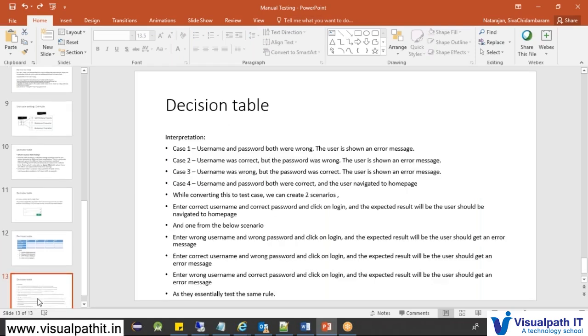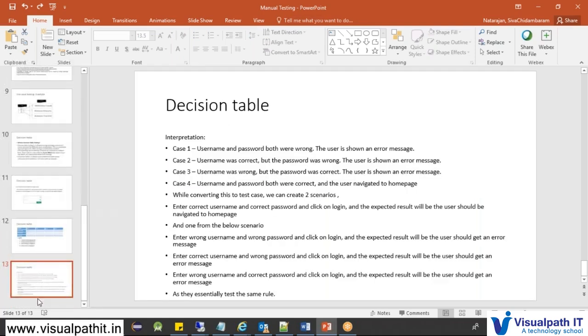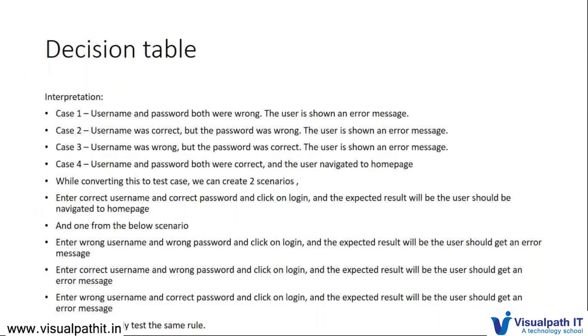So interpretation, I think I have already explained the interpretation using the decision table itself. For more interpretation in the text format, you can see this. Case 1, username and password both were wrong. The user is shown an error message. FFFE.